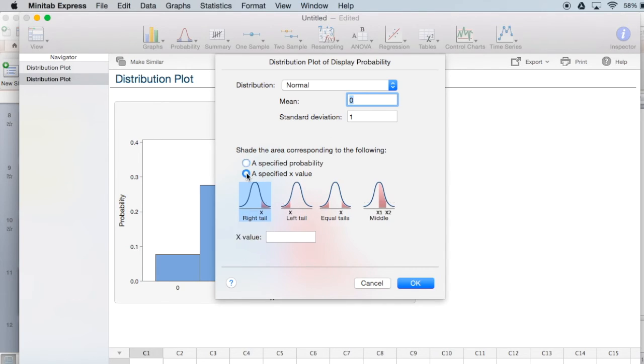We have specified x values, or in this case, they're also z-scores. And we want to find the middle. Let's find the middle between a z-score of -1 and +1. According to the empirical rule, 68% of observations should fall within one standard deviation of the mean.